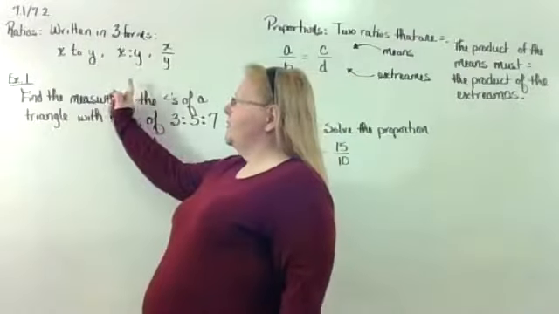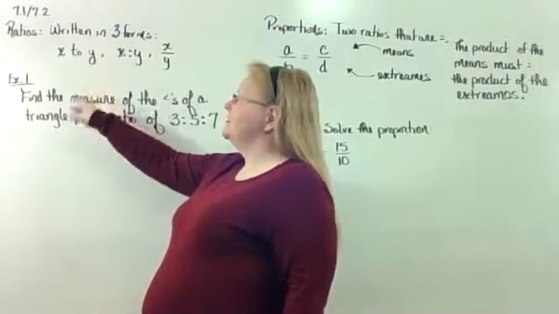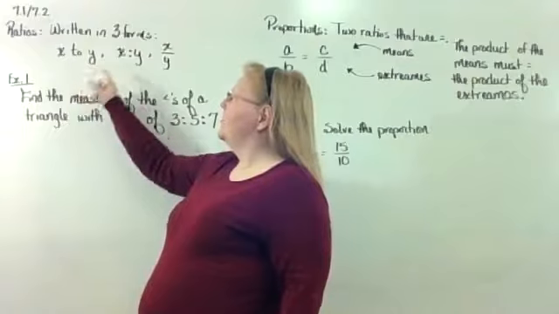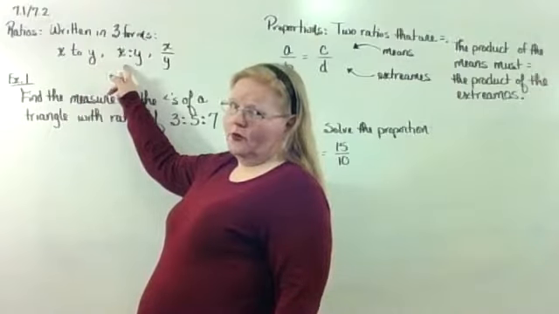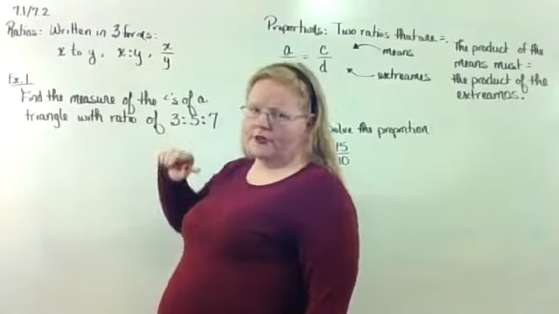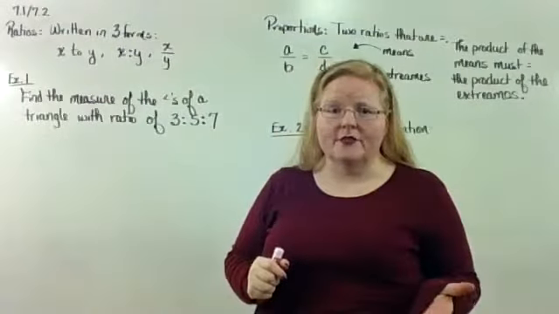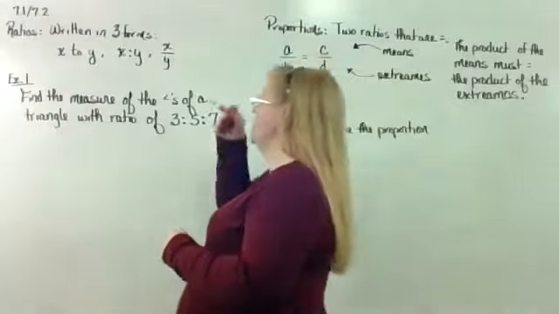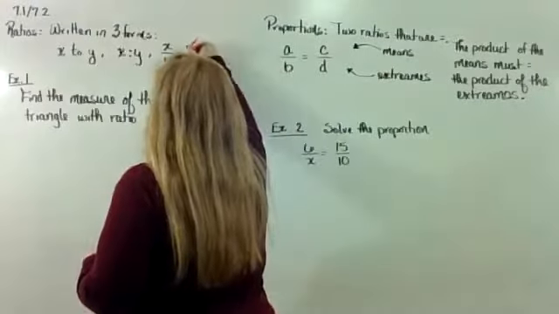So the algebra background is that ratios can be written in 3 different ways. You can say x to y, or x:y with a colon, or x/y as a fraction. And since you have this whole fraction thing, you need to remember that ratios always need to be reduced.